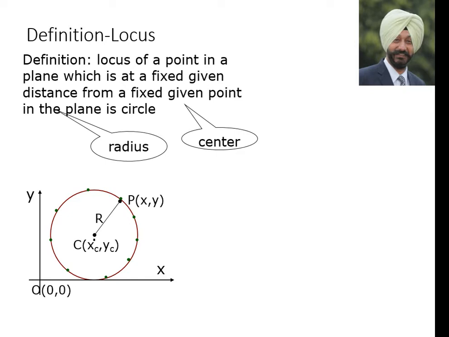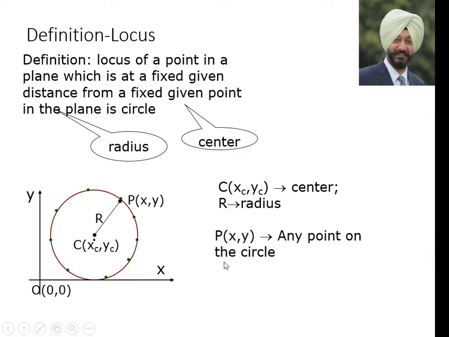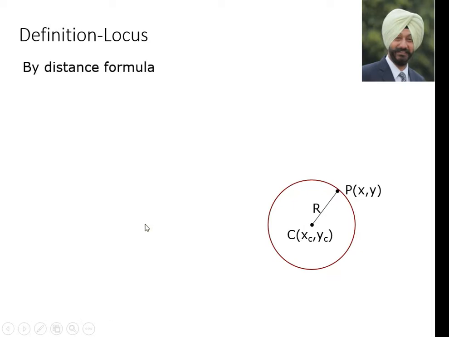So P(x, y) be any point on a circle whose center is (xc, yc), and R be the radius. So center is (xc, yc), R is the radius, and P(x, y) is any point on the circle. By distance formula, what is the equation of the circle?